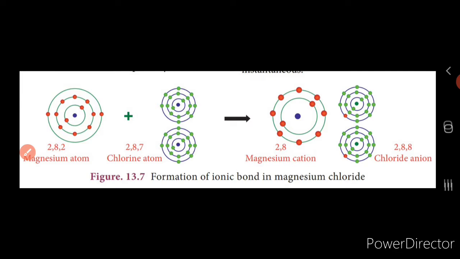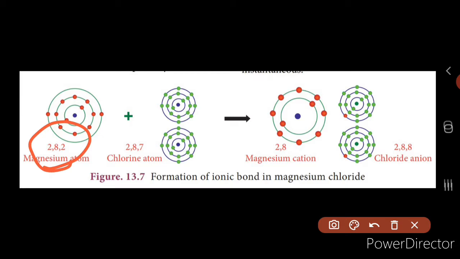The atomic number of magnesium is 12. The electronic configuration of magnesium is 2, 8, 2. So it has 2 electrons in its outermost shell, and to attain a stable electronic configuration, it has to lose its 2 electrons from its outermost shell, and it will acquire a stable electronic configuration similar to that of neon.